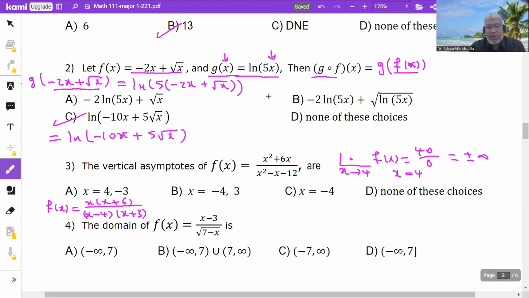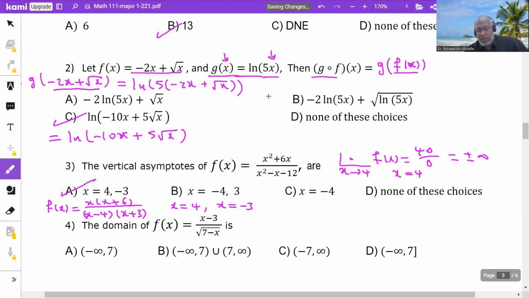Now, what are the zeros of the denominator? Either x minus 4 is 0, so x equals 4, or x plus 3 is 0, so x equals negative 3. These are the zeros of the denominator. Are these zeros of the numerator? No. So they are vertical asymptotes, and this is the correct answer.